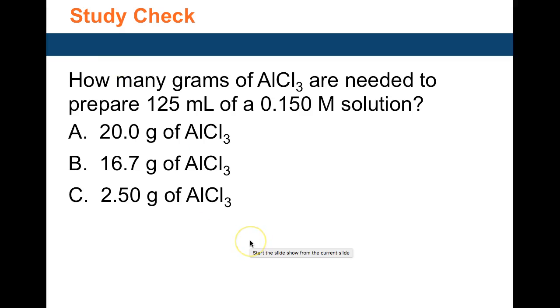Okay, so in this particular study check, it says how many grams of aluminum chloride are needed to prepare 125 ml of a 0.15 molar solution. Here what you have to do is take the 125 ml and convert it into liters.